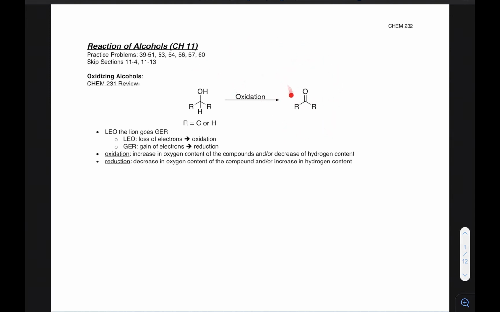Now we can do an oxidation, because the other way is called a reduction. Remembering some of our Gen Chem terminology, LEO the lion goes GER: oxidations are when we're losing electrons and reductions are when we're gaining electrons. In this case, going from this alcohol to this carbonyl, we're losing electrons, we're losing two hydrogens.